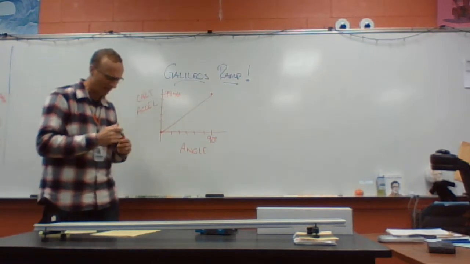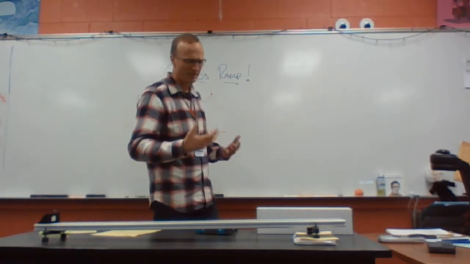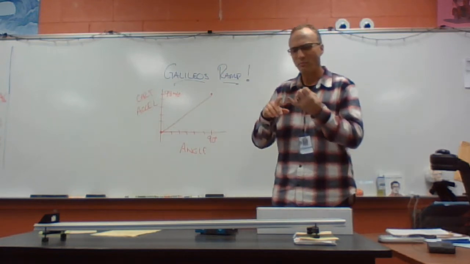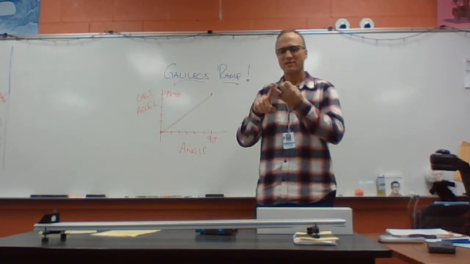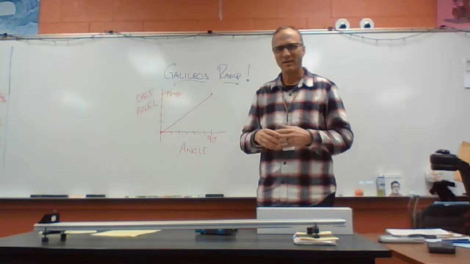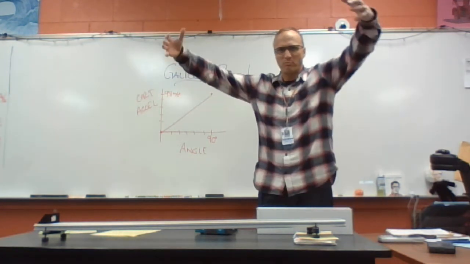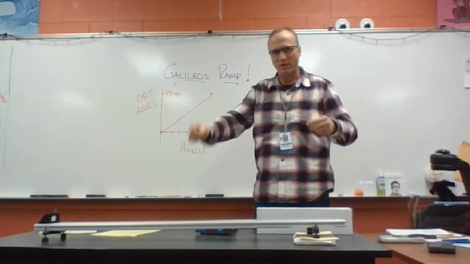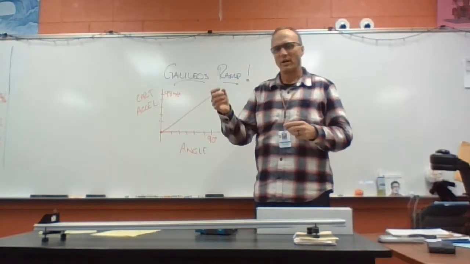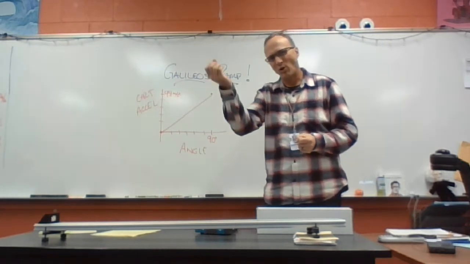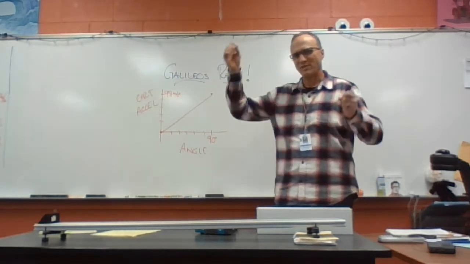In Galileo's day, he didn't have sophisticated timekeeping devices. He didn't have stopwatches. All he had were pendulums and hourglasses and things called water clocks, where you'd have a big bucket of water and a little tube that came out of the bucket of water, or just a smaller bucket to catch water that came out of the big bucket. You put a little hole in the bottom of the bucket and you would say, "Go!"